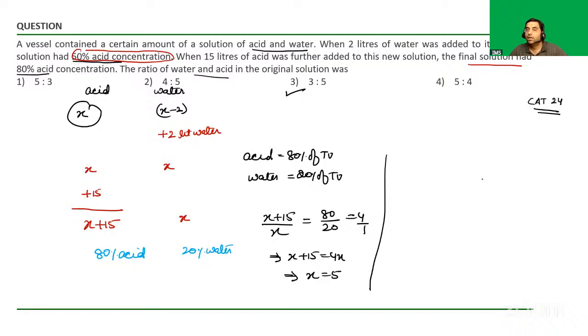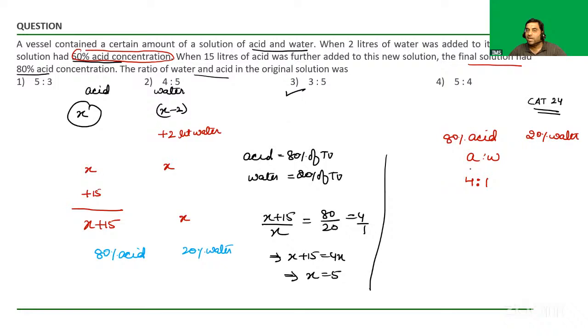After that, 15 liter of acid is added, and after this the acid becomes 80%. So moving in the reverse order, finally 80% acid is there, and that means it's 20% water. This is after the two processes of adding 2 liter water and then 15 liter of acid. Now that means the final ratio of acid to water is 4:1.